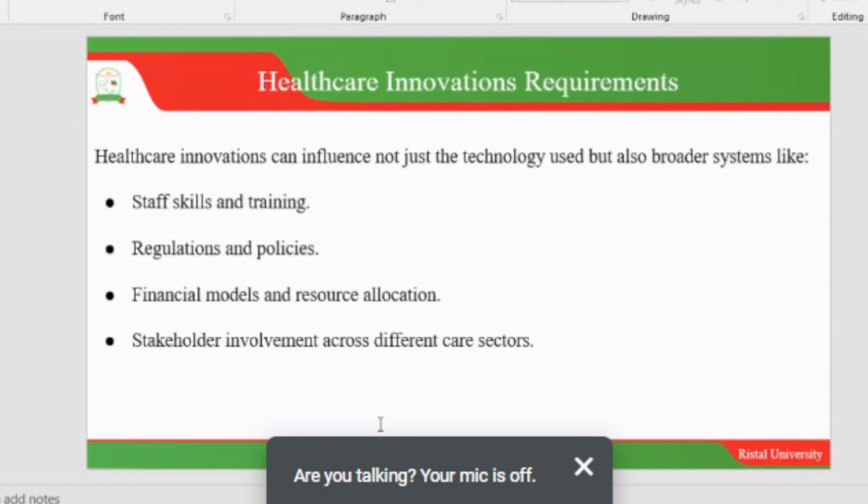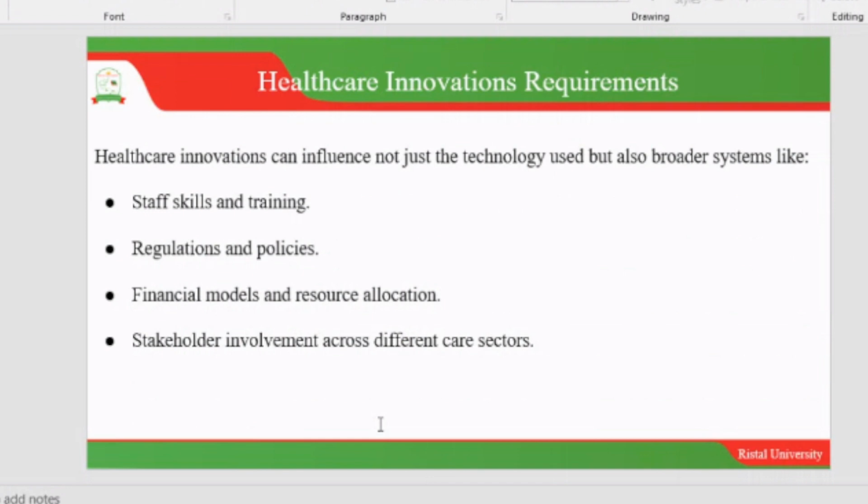Then we have healthcare innovation requirements. Just a summary: the innovations influence not just the technology used, but also broader systems like staff training and skills, regulations and policies, financial models, and resource allocation, and stakeholder involvement across different care sectors. So in those obsolete models, or those old models, sometimes there are some stakeholders that are neglected, those ICT people.